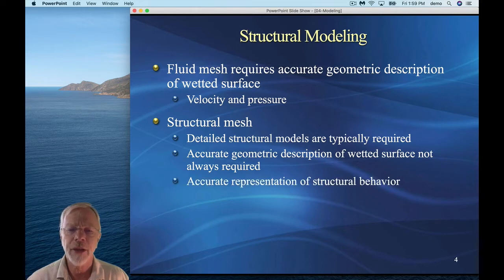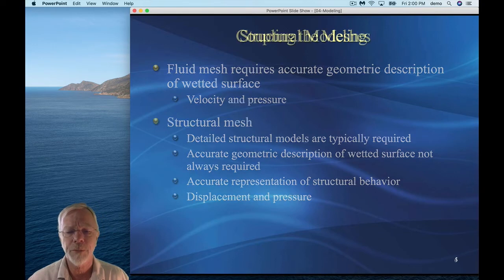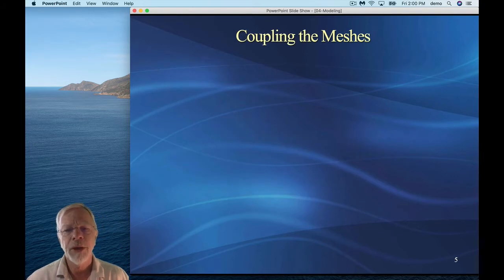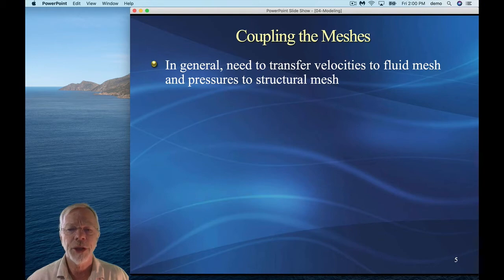It does need to have an accurate representation of the structural behavior. Here we're focused primarily on displacements and then the pressures coming from the fluid model, and in particular an accurate application of those pressures onto the structural model. So coupling the meshes is important, and in general we need to transfer velocities to the fluid mesh and pressures back to the structural mesh.